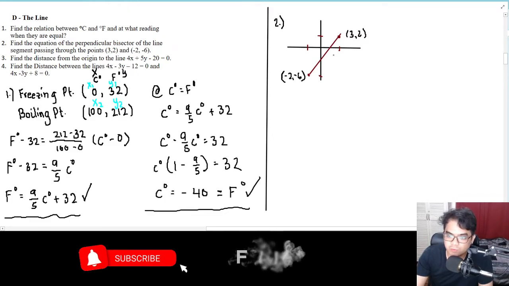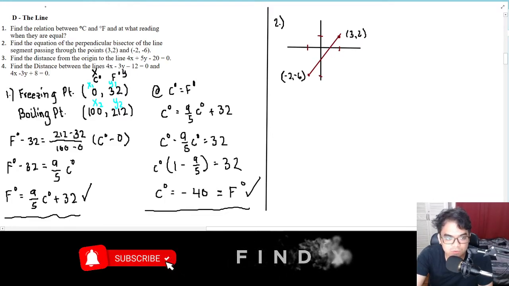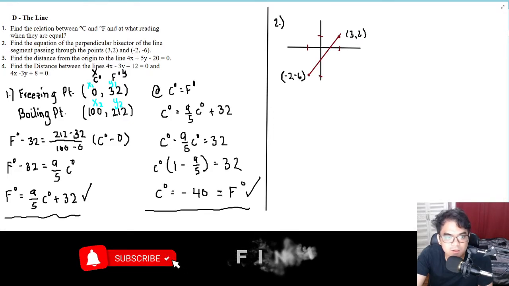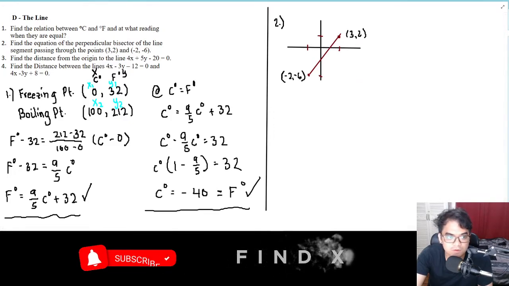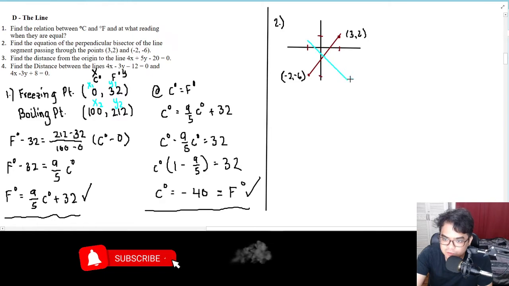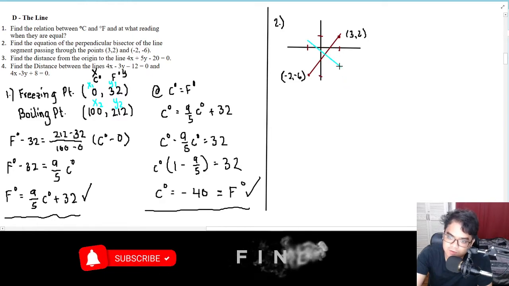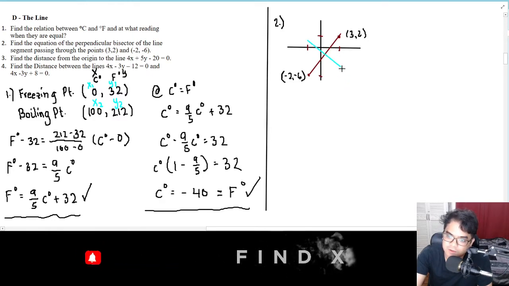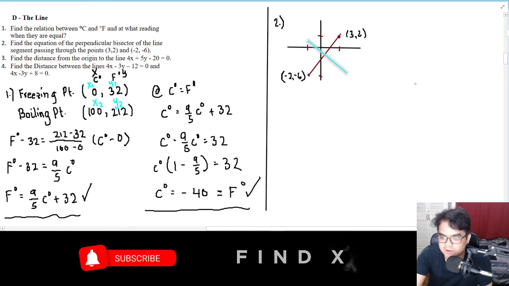What you need to know here is perpendicular bisector of the line. If that is perpendicular, therefore the angle between them is 90 degrees. So the lines should look like this. Therefore, this is the other line.